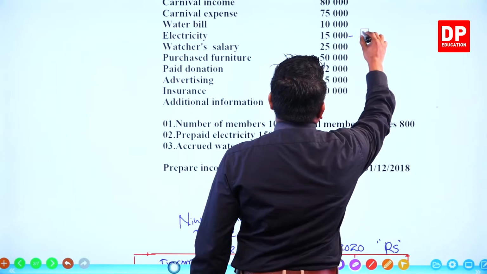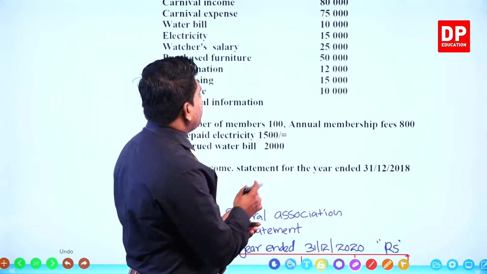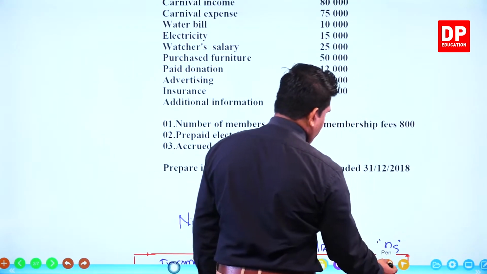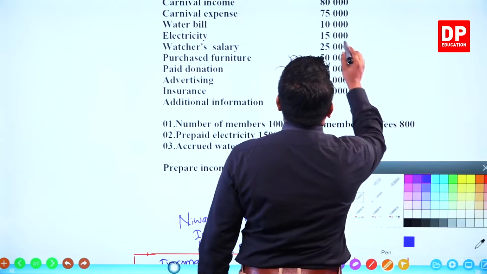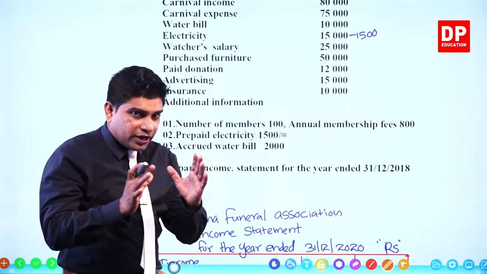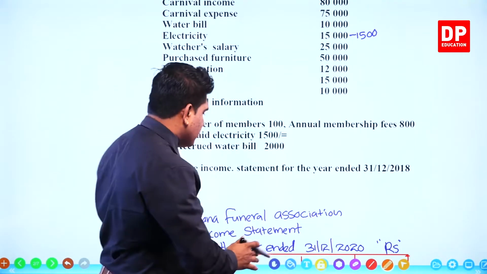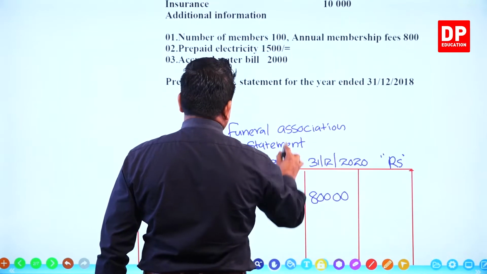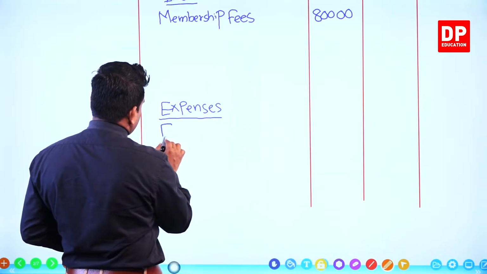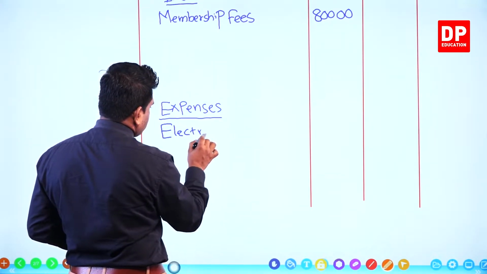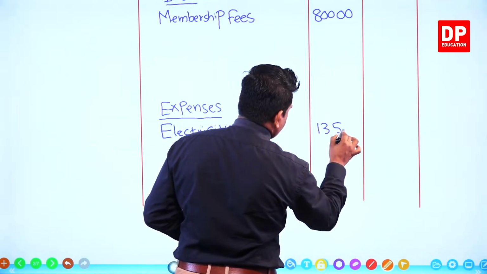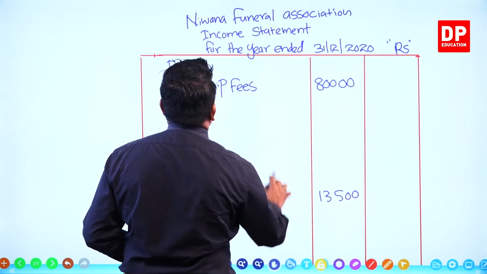Every time prepaid expense you have to subtract. Then the correct annual electricity is 13,500, and it's an expense. Electricity 13,500.